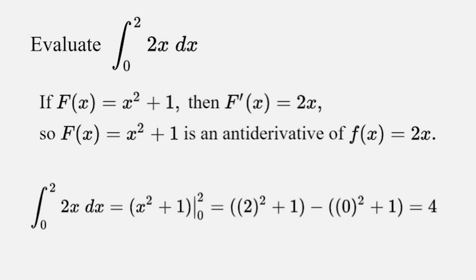And notice I'm using the more commonly used notation here, where I write the antiderivative, and I have that bar at the end where I include the bounds that I'm going to evaluate this antiderivative at in the next step. And from here we plug in 2, and then subtract plugging in 0. And even though the antiderivative is different, notice how I have a plus 1, and then I'll have a minus 1. And so whatever constant I include in this last step will simplify itself away.